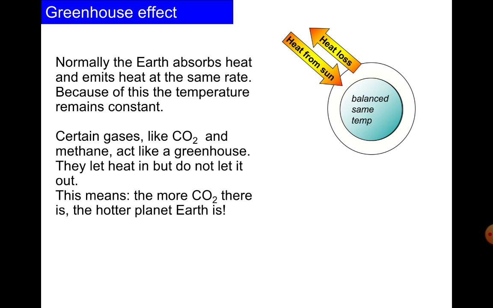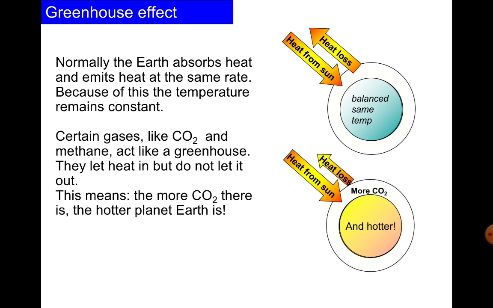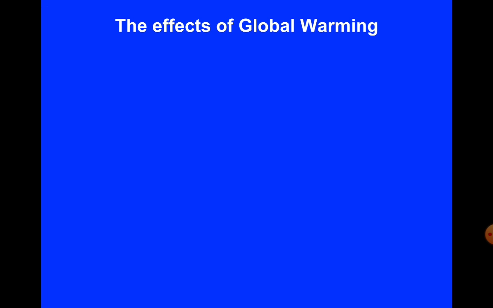There is another gas that is much stronger, methane, but the concentration of methane is still very low. But the amount of carbon dioxide that we have produced has increased its concentration. Because of the increase of carbon dioxide, the Earth is warming up. So when we get more carbon dioxide, there's less heat loss, which means the Earth is getting hotter and hotter.